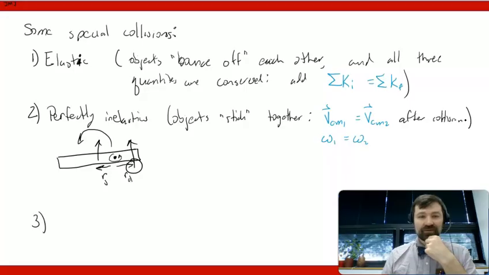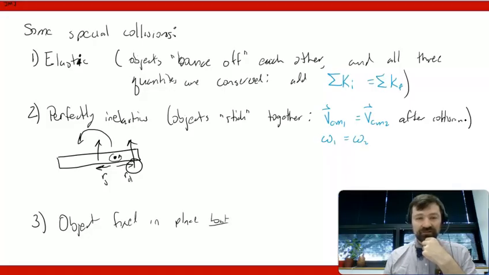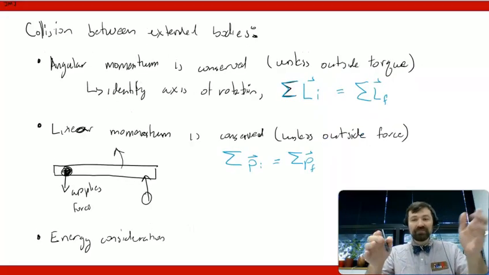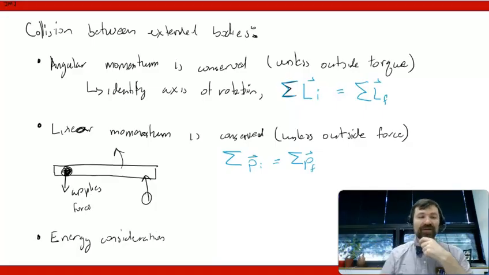The third type is that one of the objects is fixed in place. So object fixed in place, but free to rotate. So that one devolves back to something like this, where I've got a peg through the stick and it can't slide, but it can rotate about that peg.